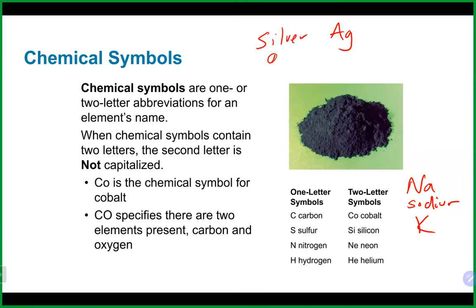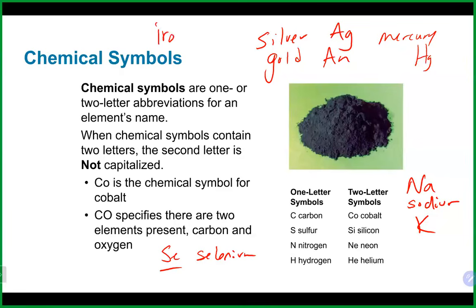Gold is Au. Mercury is Hg. Se, my favorite element, is selenium. It's a good one. And also some other ones, iron, right, is Fe. And oftentimes confused by people is copper, which is Cu.